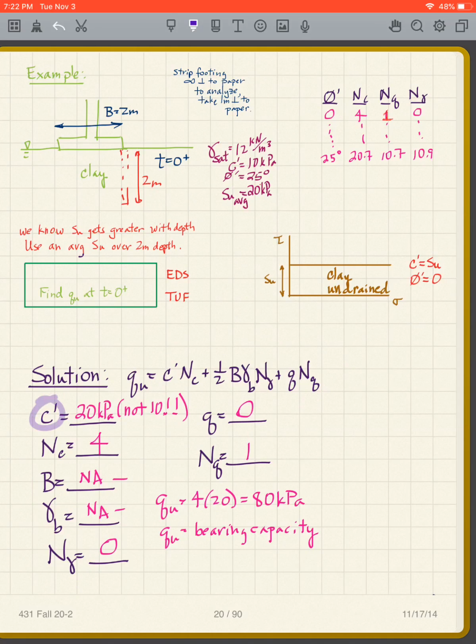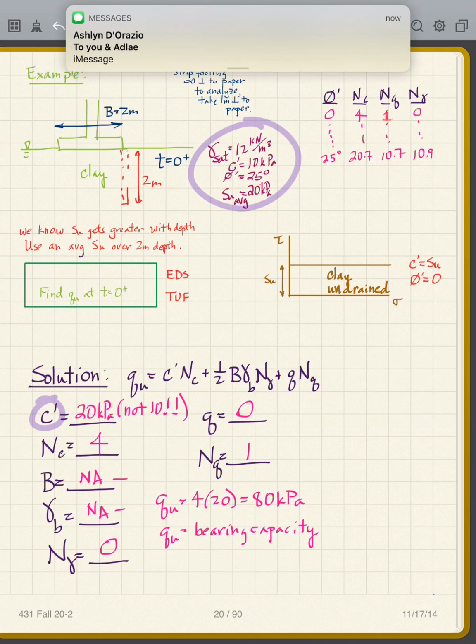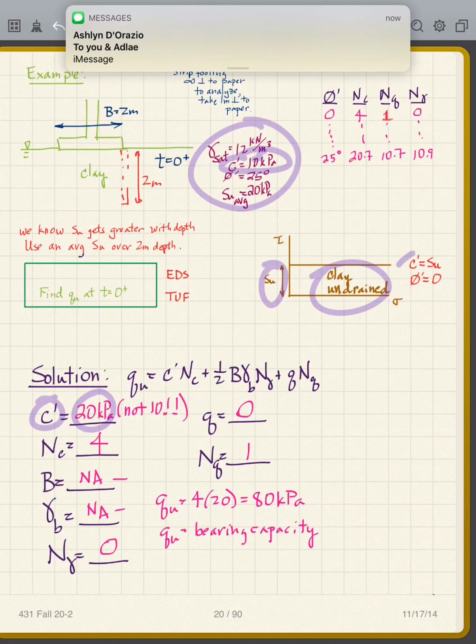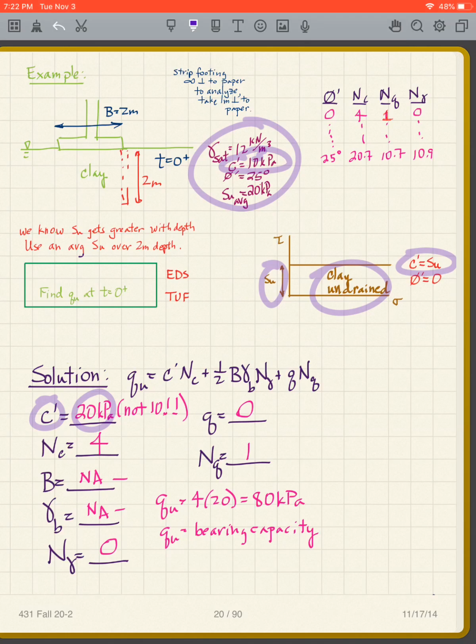C prime. Well, I look at my soil properties. This is where students have a problem. If they don't think it through, they go, oh, here's C prime. It's 10. So they want to put 10 here, but it's not 10. Why? Because I look at my clay undrained failure envelope, and I have C prime is equal to SU.